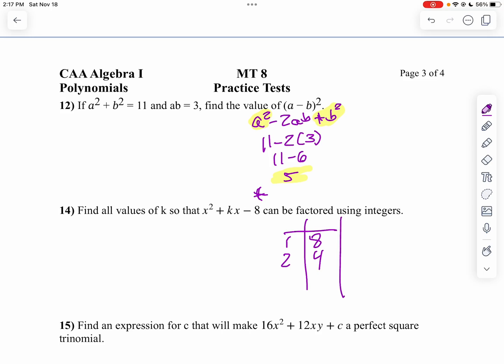When I look at that sum, that would be plus or minus 7, because one's positive, one's negative, and then plus or minus 2. So k is going to be plus or minus 2 or plus or minus 7.